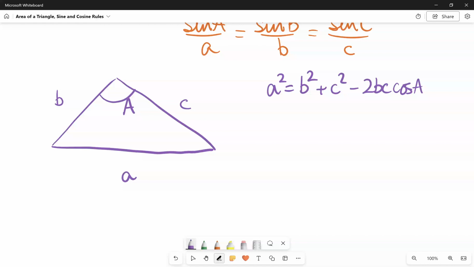Now let's think how we could employ the Pythagorean theorem in this. We want to relate a squared to all these terms. Well, what I'm going to do is redraw this triangle in a slightly more instructive way.